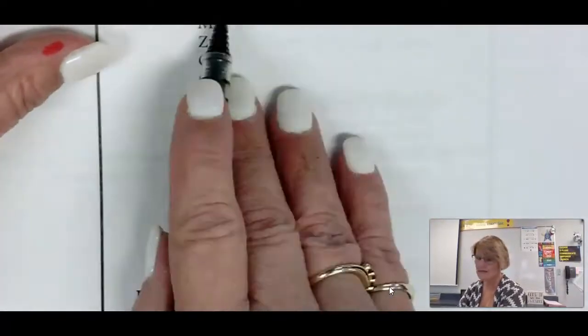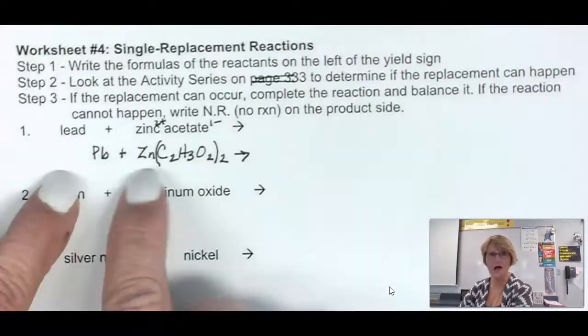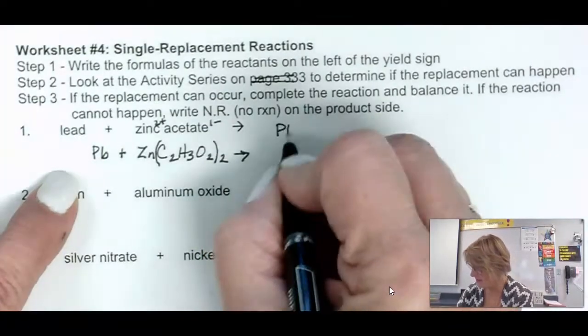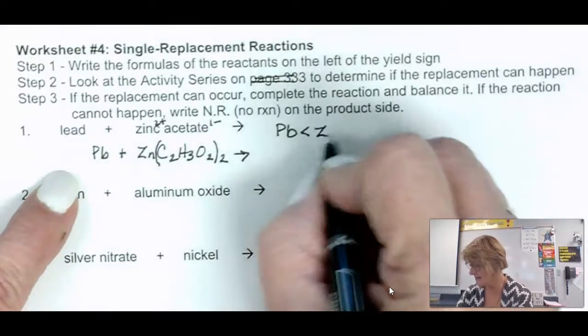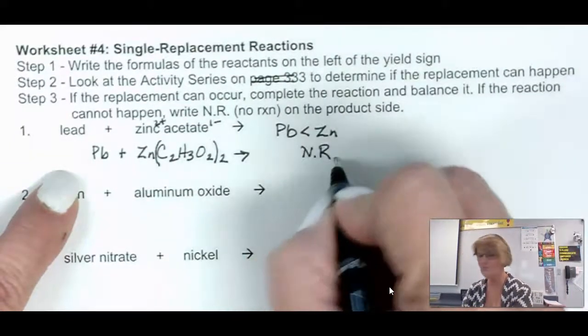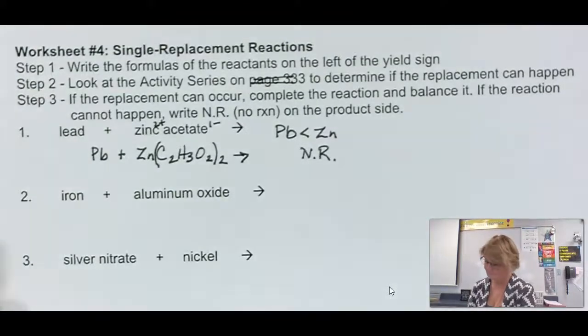Lead is not higher than zinc. That means lead is not stronger than zinc. Lead is actually less than zinc. So in this case, we put that no reaction occurs. Nothing's going to happen. Lead is not strong enough to knock off zinc. So that's an easy one.